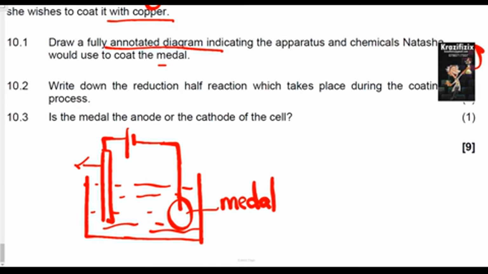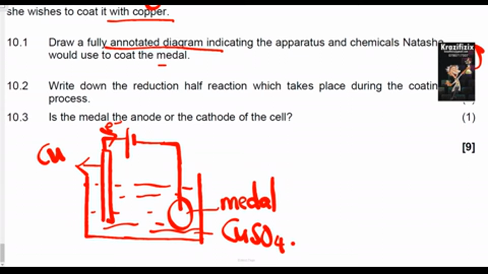What do we have here? We have a copper electrode. Remember, electrons are lost from the anode. Since they said annotated, we need to show that electrons are moving in that direction. What else? Our electrolyte is a copper salt. It could be any copper salt, CuSO4, with a capital C. What's going to happen?